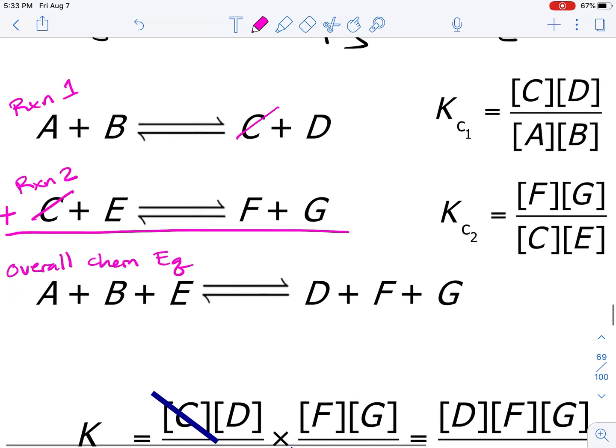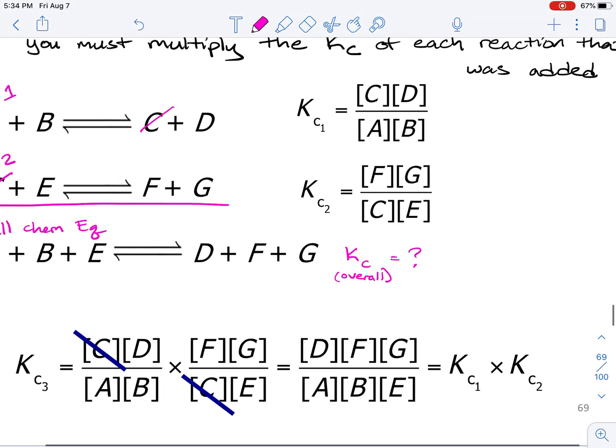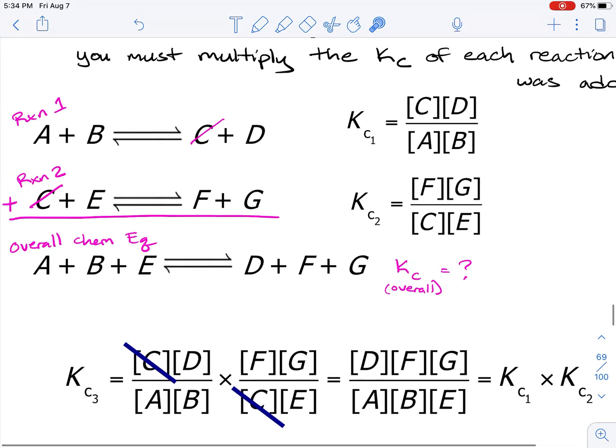To represent this equilibrium constant, Kc overall, what we need to do is multiply the individual equilibrium constants that represent each of these individual reactions.